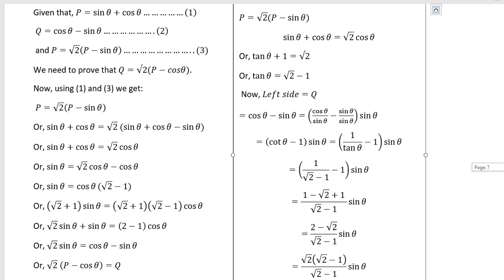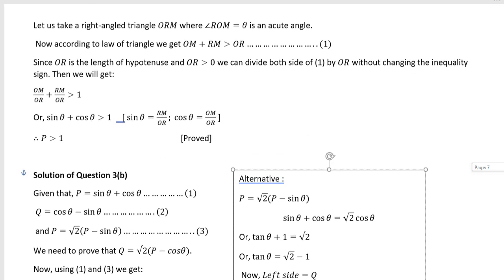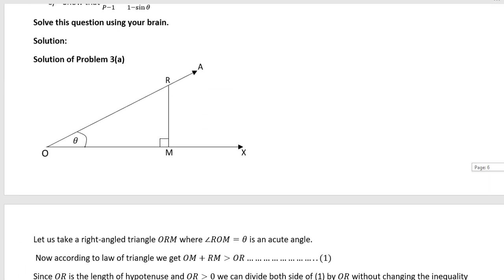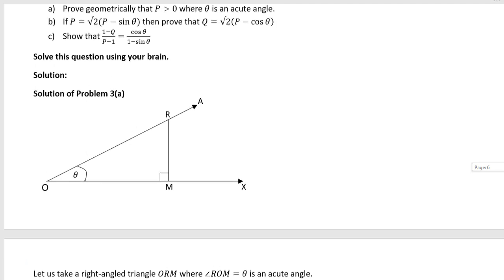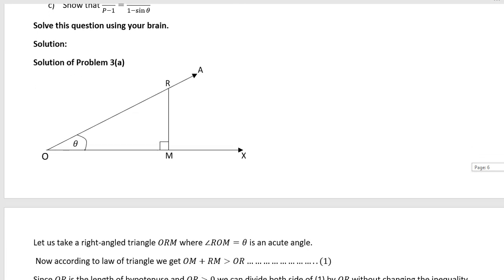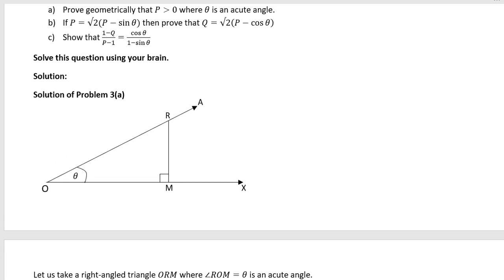Now we are going to the third problem, that is 3c. In 3c we have to show that 1 minus q divided by p minus q equals cos theta divided by 1 minus sin theta.